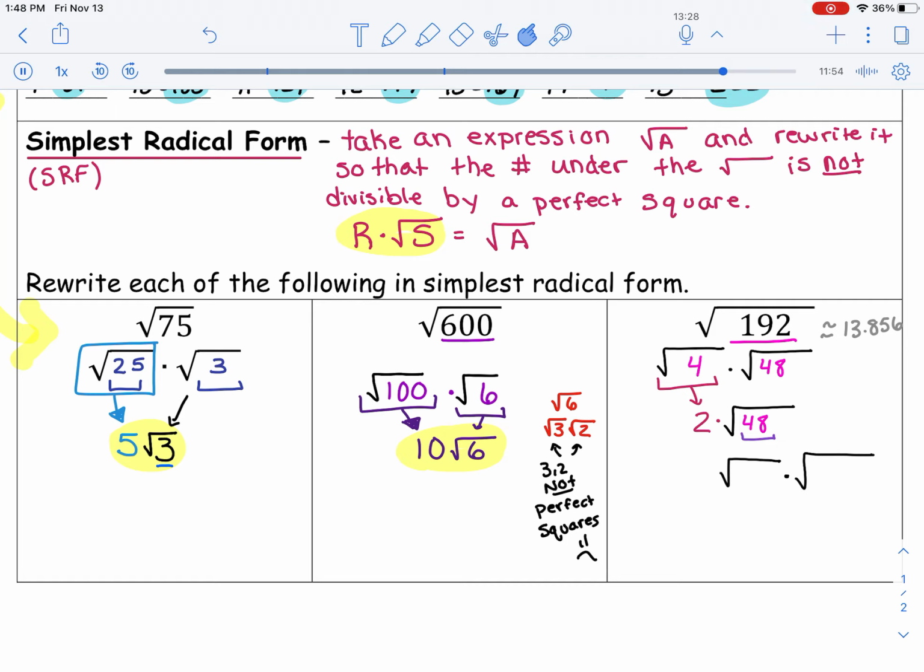And so I start thinking about my numbers. 1, no, 4, yes, but we're going to keep doing this over and over again. I'd like to get done a little quicker. Well, 16 times 3 equals 48. So I'm going to rewrite the square root of 48 as the square root of 16 times the square root of 3.